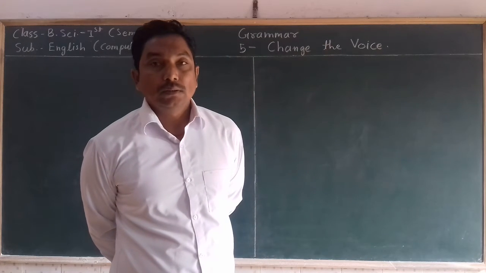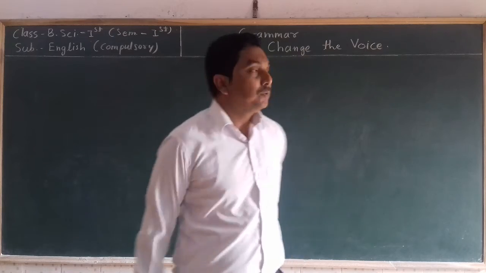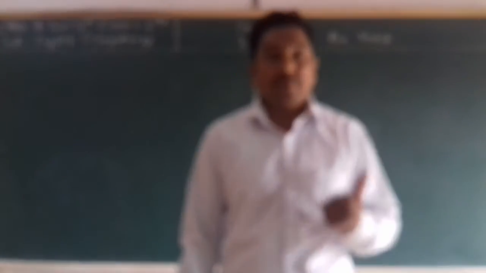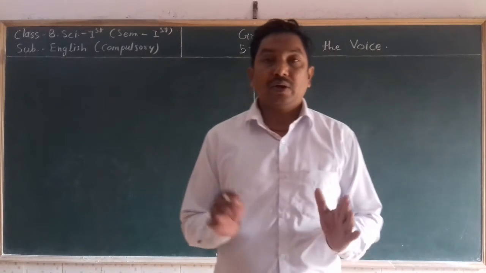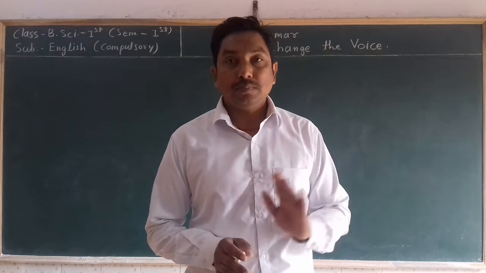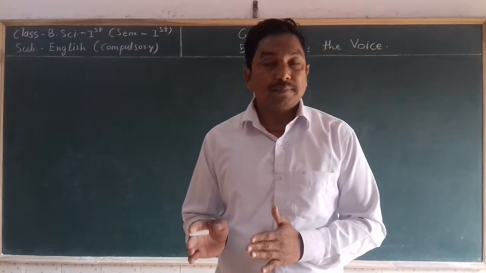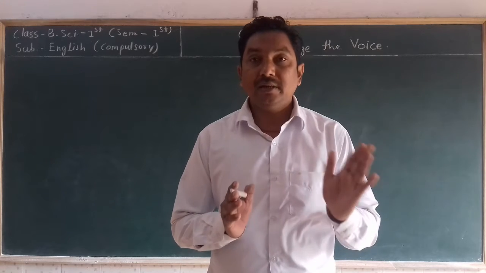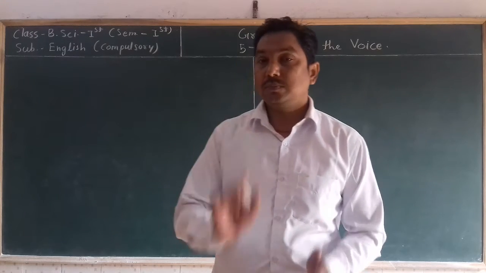This is the third part of chain device. In the last part, we have learned how we can transform any imperative sentence from active voice to passive voice. Now, in this part, we are going to learn how we can transform any tense sentence from active voice to passive voice.